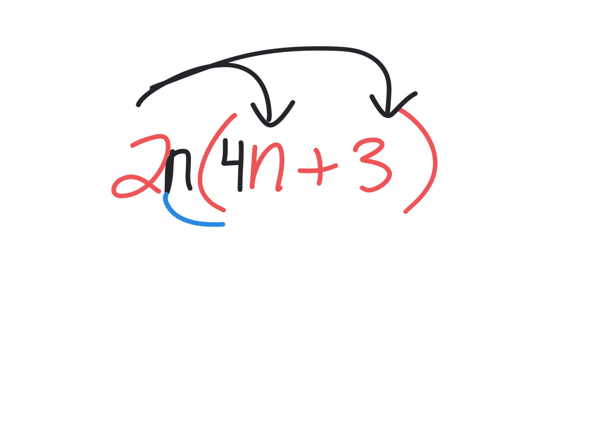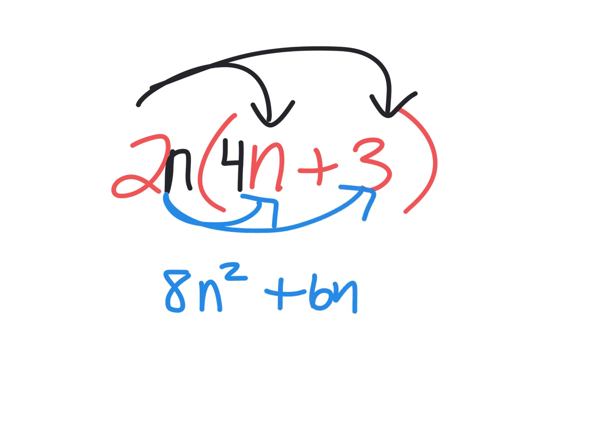How many of you knew that that's 8n squared? All right, less than before, but still a lot of people knew that. Yay. And then 2n times the 3 makes 6n. You with me so far? Okay, now erase the answer again, because it's going to step up and get a little more complicated.